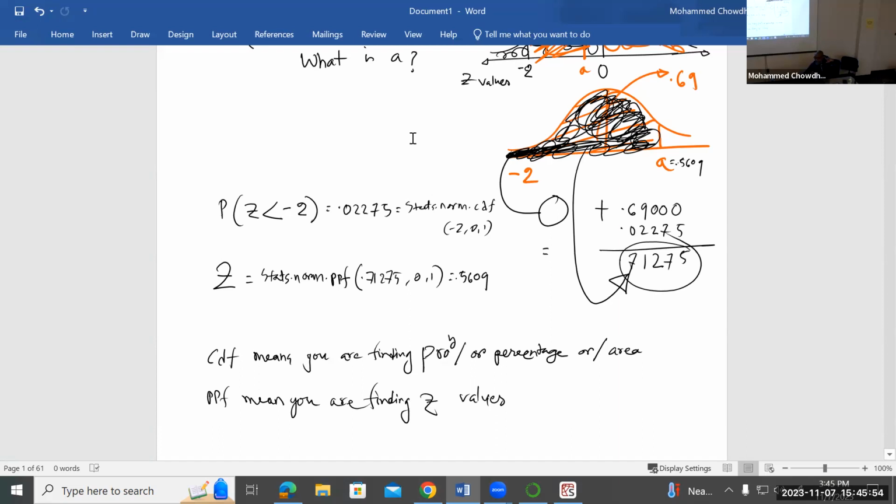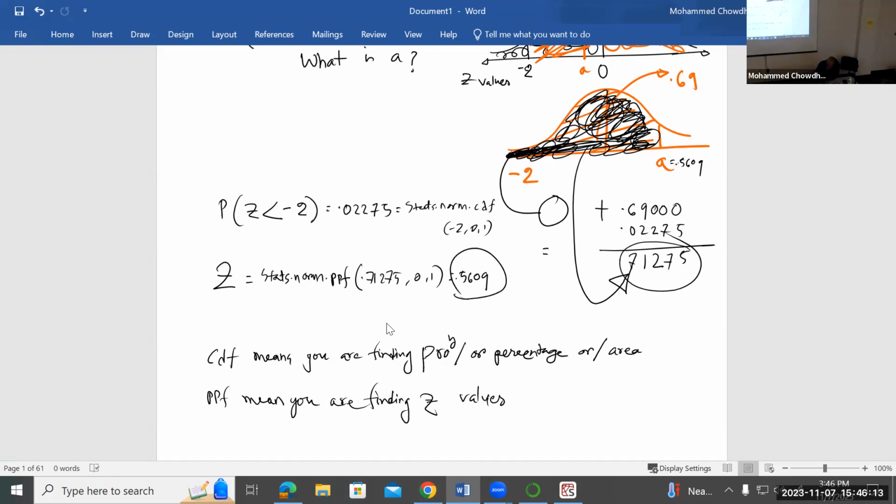No question, right? Clear, right? So now if you ask, hey professor, Python was developed just in 1991, 92, how can I compute these things by using a table? Understand your question? How can I find these Z values by using a table?